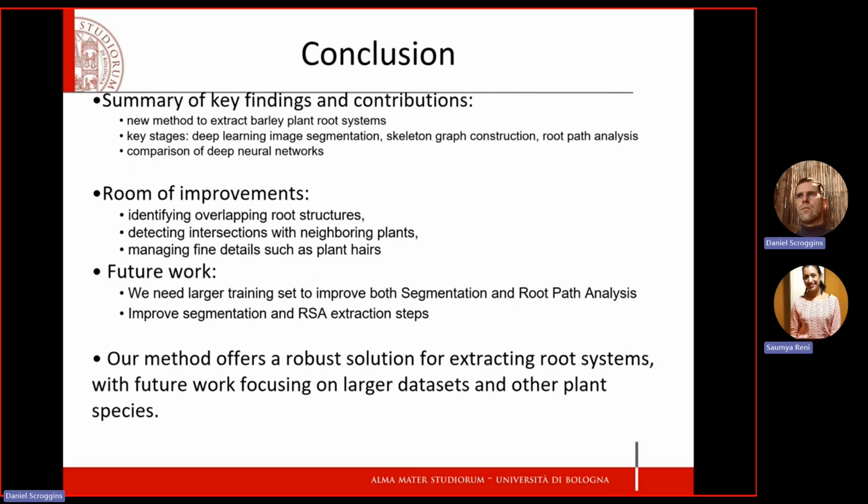We are creating a larger manually annotated data set to improve both the segmentation algorithm and the path analysis algorithm. We have also created an ad hoc tool for manual image annotation, that we are writing a paper about, and we will present it at the conference.